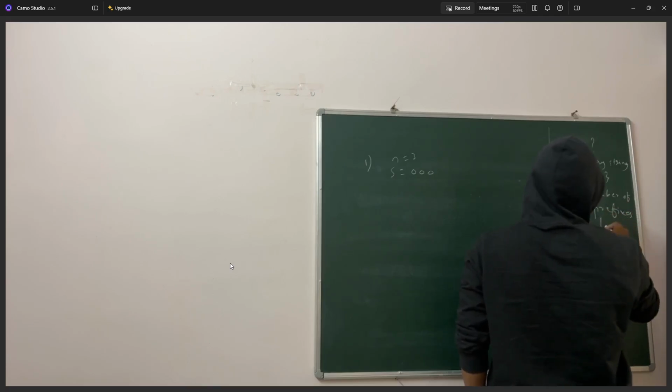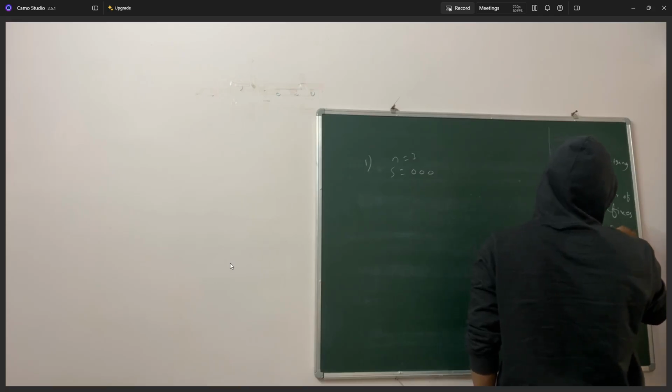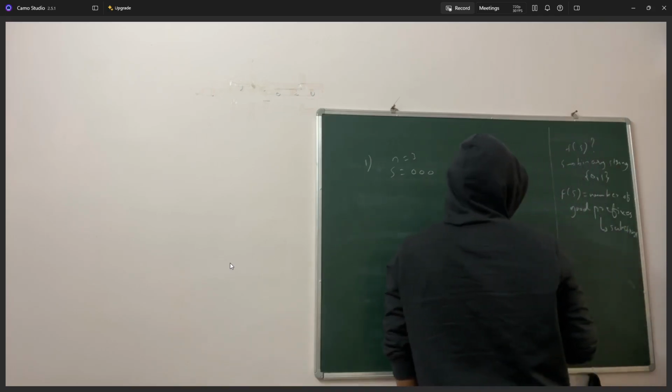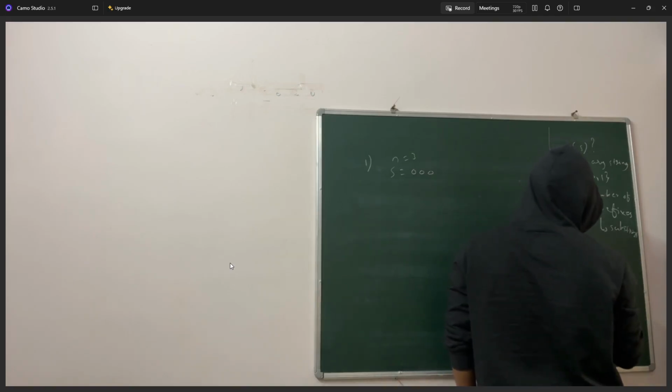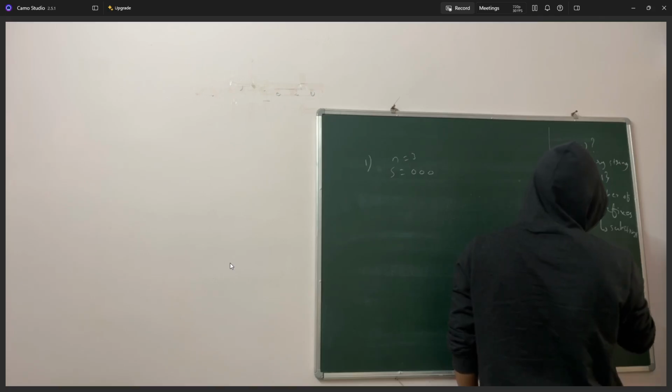Prefixes, or you can say the number of prefix substrings also. So we need to find this. Now how is a good prefix defined? It is defined from 1 to i, with 1-based indexing.